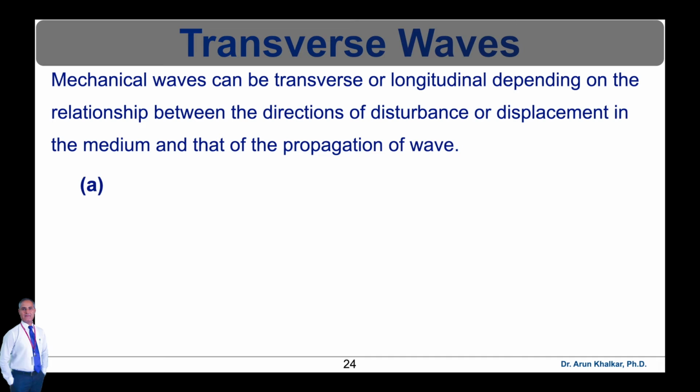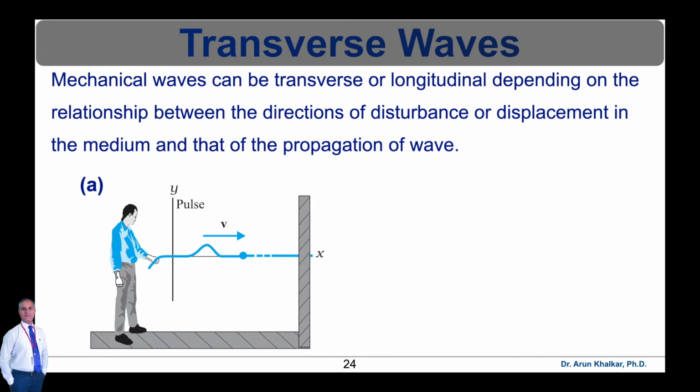If you give a single up and down jerk to the free end of the string as shown in figure A, a wave in the form of a single pulse travels along the string. The net result is that a distortion in the shape of the string, that is the pulse, moves along the string with a certain velocity, let's say small v.